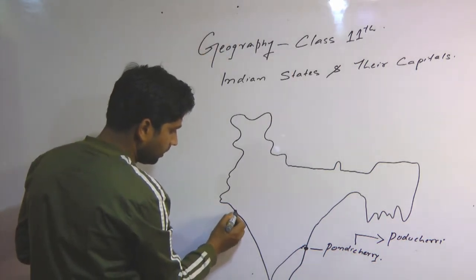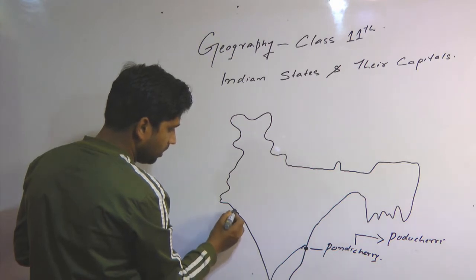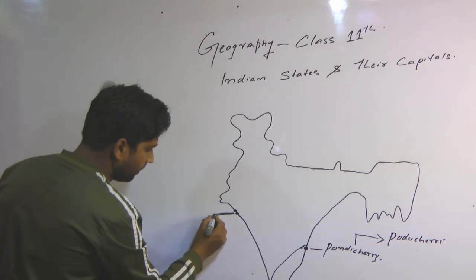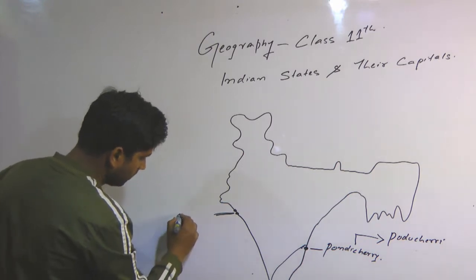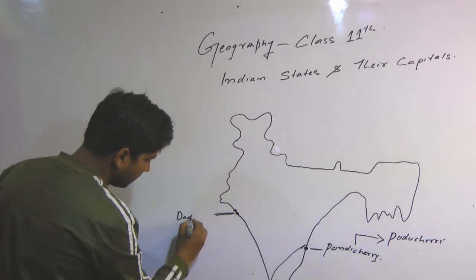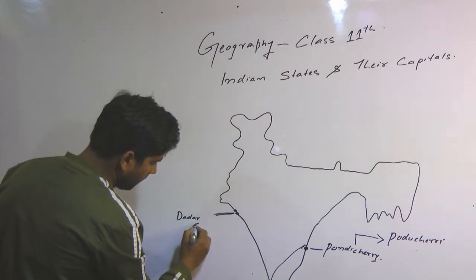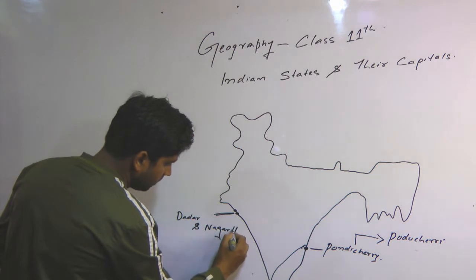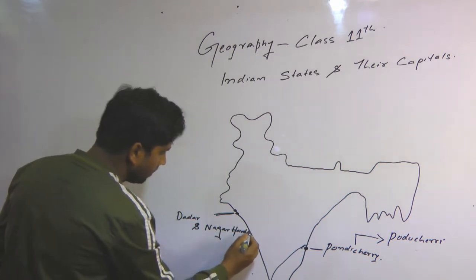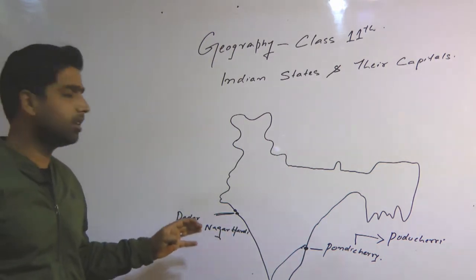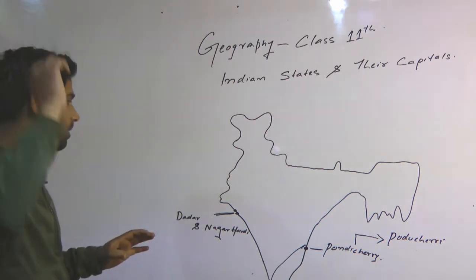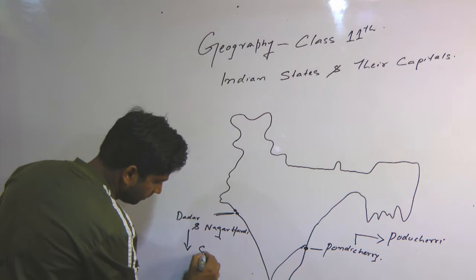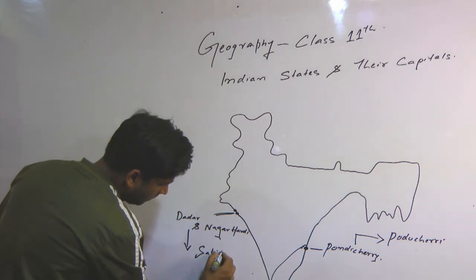Here draw a dot like this. There is another UT of India, Dadra and Nagar Haveli, with its capital Silvassa.